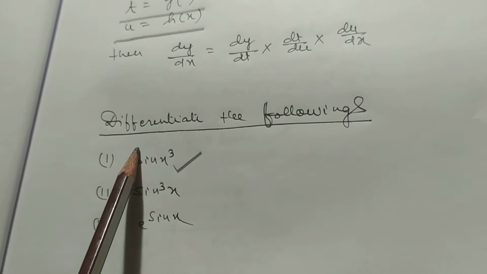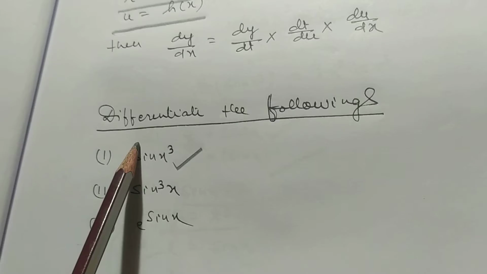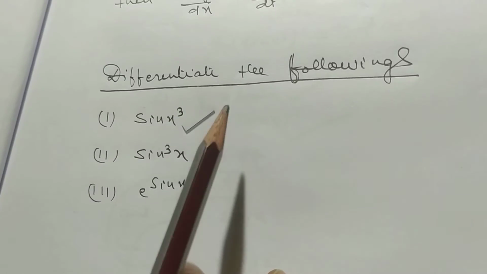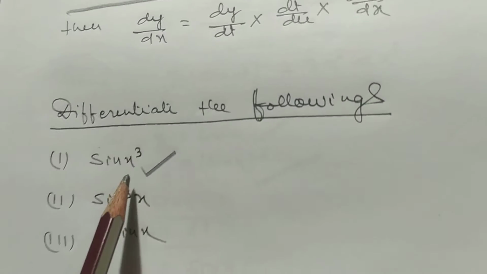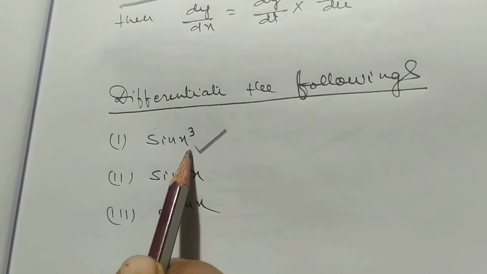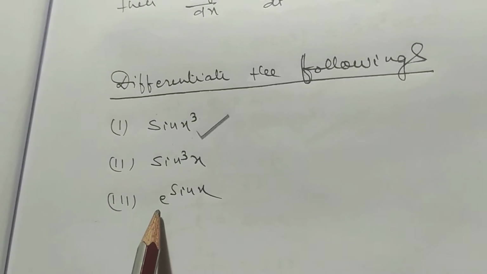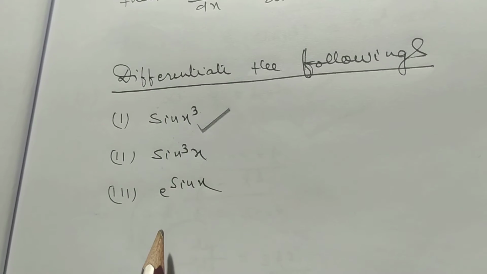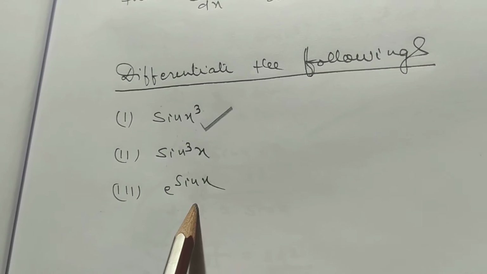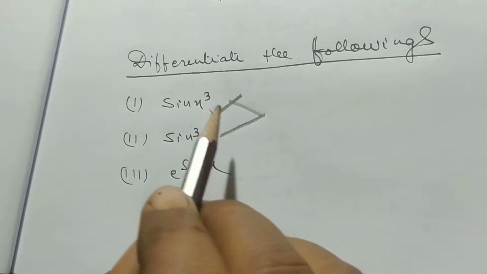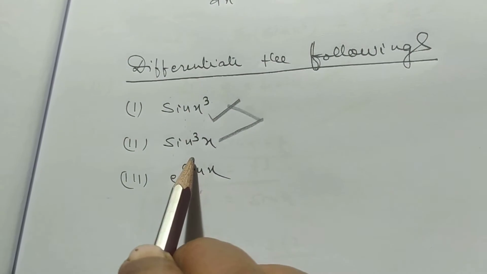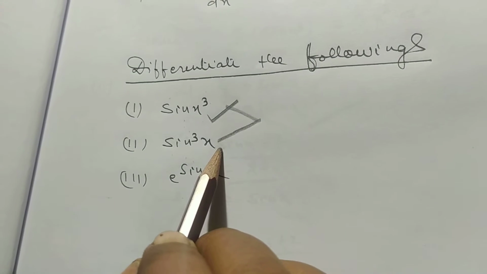Now following these rules, we want to solve some problems. Sine of angle x cube, and sine cube x, and e to the power sine x. My dear students, there is a difference between sine of angle x cube and sine cube x.